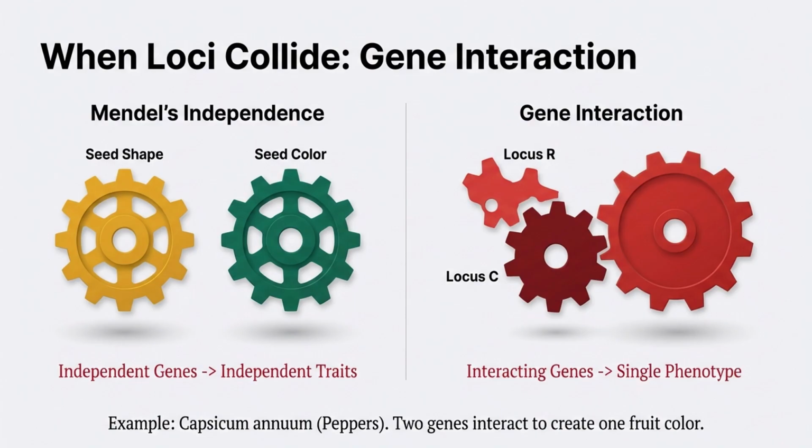Now, for example, R locus and C locus, in the case of capsicum fruit color, these loci interact to influence a single phenotype. So the perfect example of gene interaction is the fruit color of Capsicum annuum, which is common pepper, where two genes interact to create one final color.